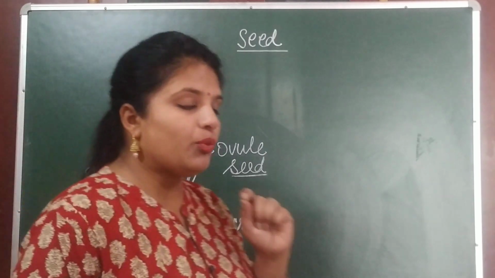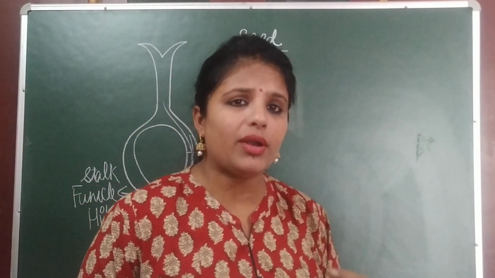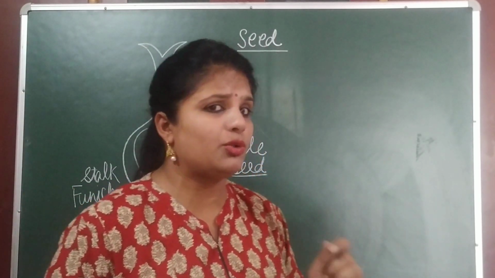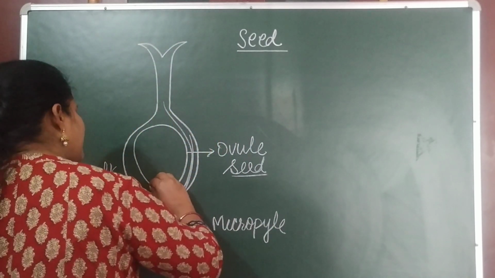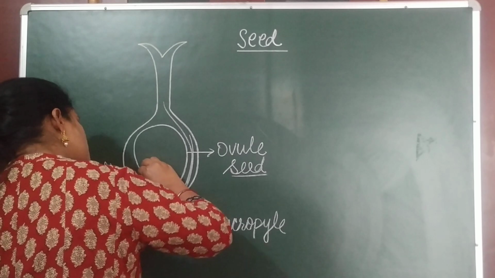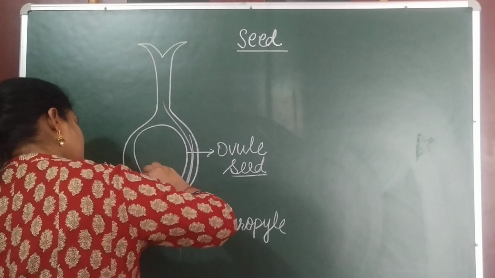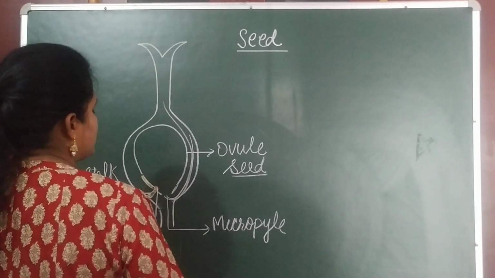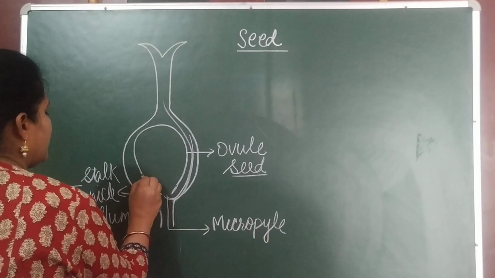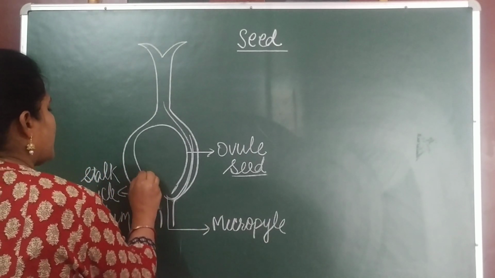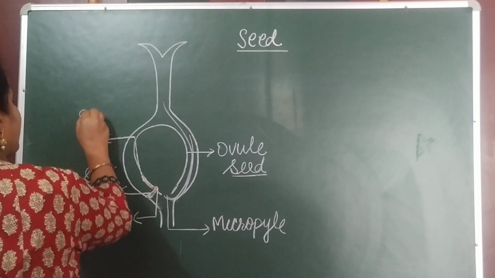You will learn one more word. It is not very important as per your syllabus, but you must know. That is raphe. Sometimes the stalk part is extended, and this extended part is called raphe.